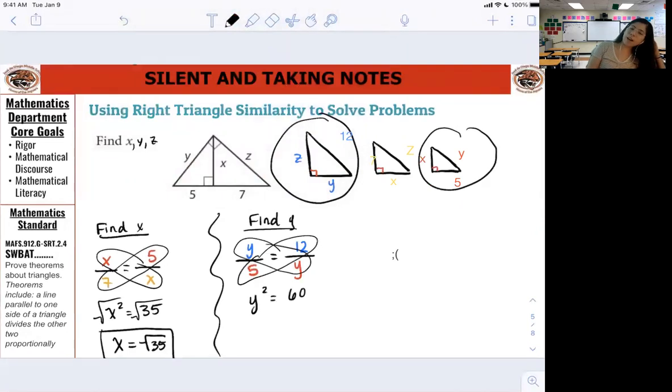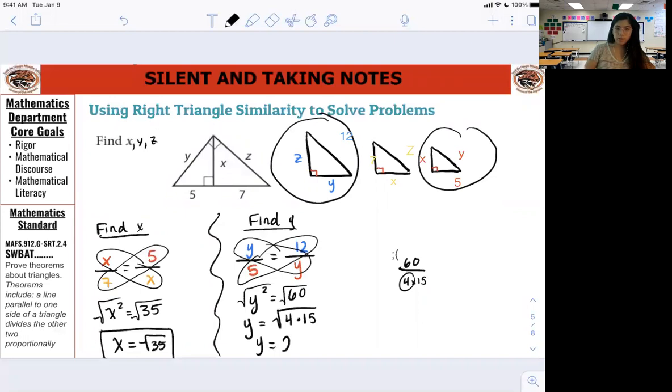Are there any factors of 60 that are perfect squares? Good. 4 and 15. 4 times 15. And 4 is a perfect square. So when you take the square root, Y equals the square root of 4 times 15. So Y is 2 times the square root of 15.